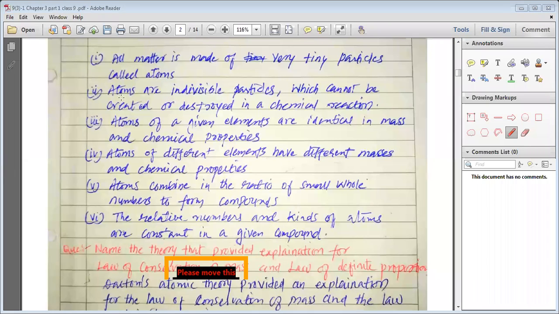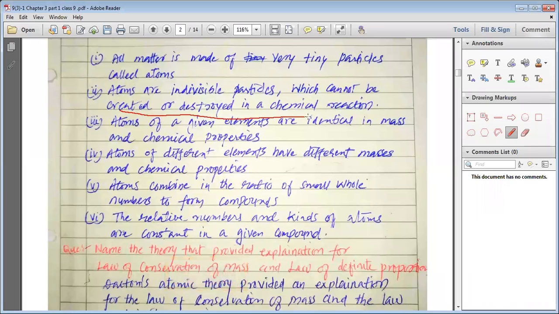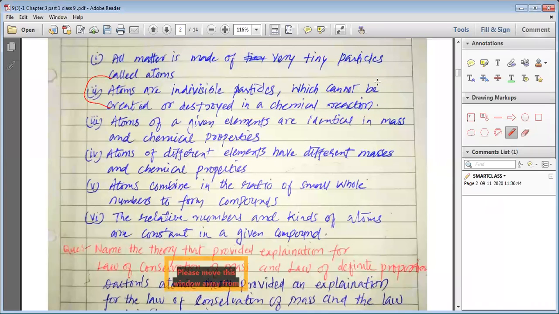तो लुक एट दिस पॉइंट, यहां पे देखिए, when you look at this point, what you can see here is that during the chemical reaction, my dear students, new atoms cannot be formed and old atoms cannot be destroyed.